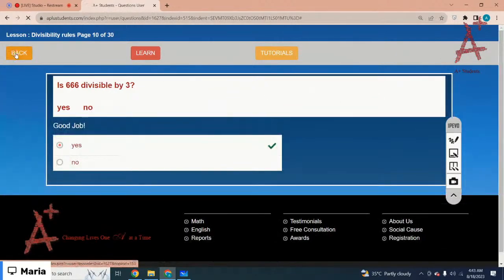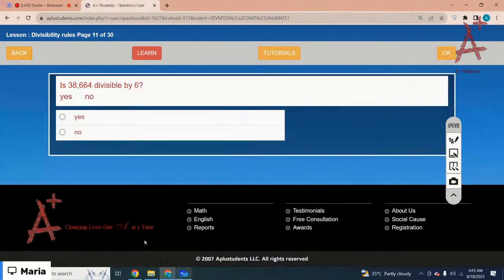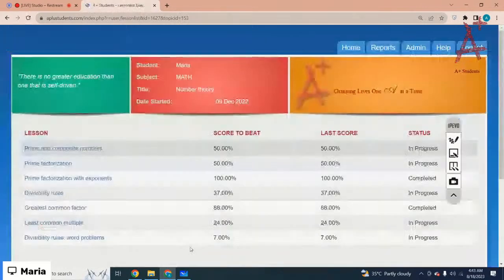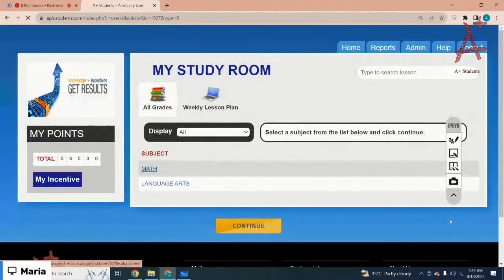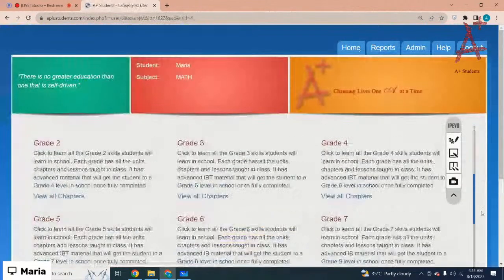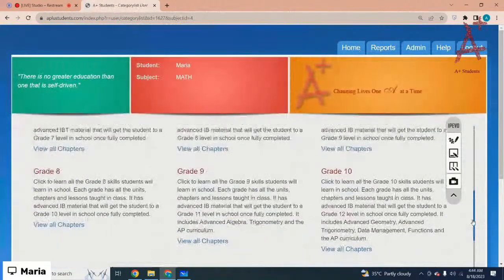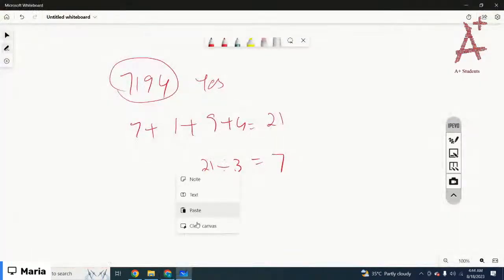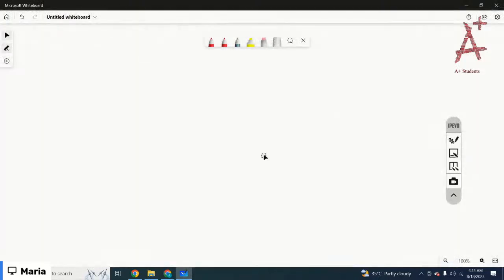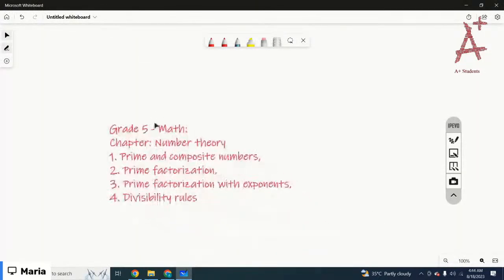Okay, we are done with the lesson. You can complete the lesson by yourself later today. So, we're working on grade 5 math, on the chapter number theory.